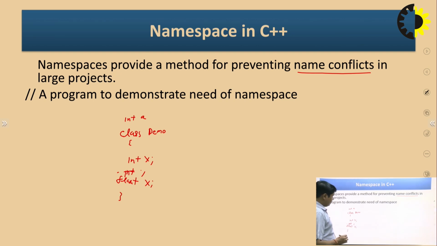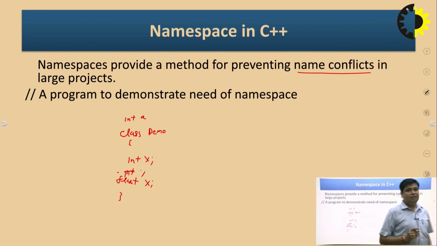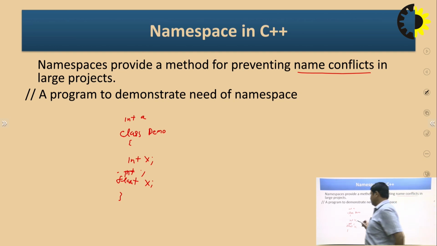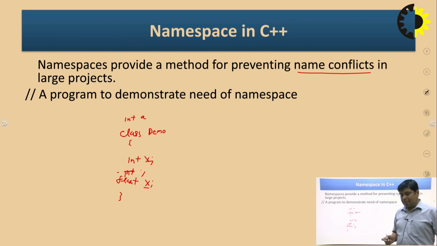You will see here inside this environment both variables are named x, but this is called a name conflict, because I am using the same name for both. So, to avoid this confusion or conflict, we always use namespace. I hope you understand this concept.